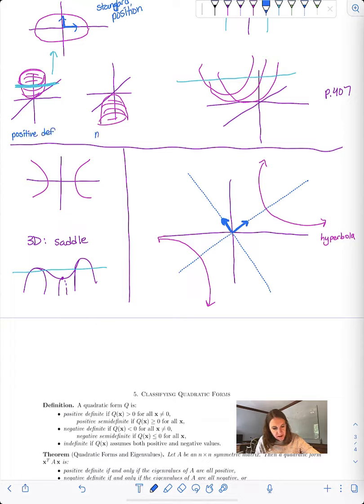We have negative definite, and that means that every single value is negative. There's also semi-definite, which means everything is greater than or equal to 0, and we don't care about the origin, so everything's positive except for the value at 0, 0. And then indefinite if you get both.